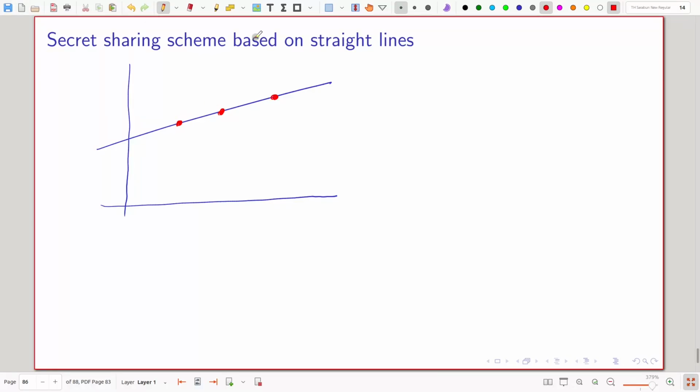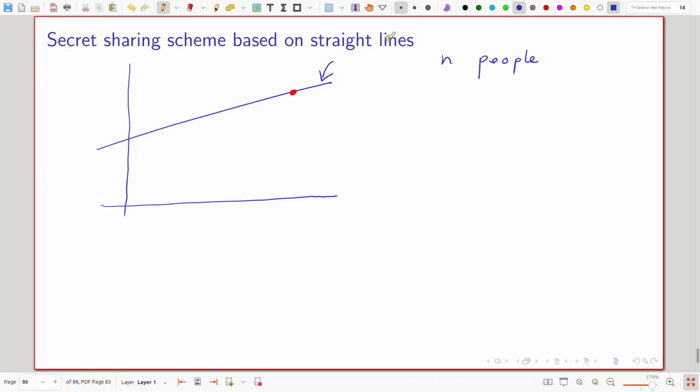Now, think about this. If I have N people, what I can do is, suppose this straight line represents my secret. I would represent my secret using this straight line, somehow. I'll do that later on.